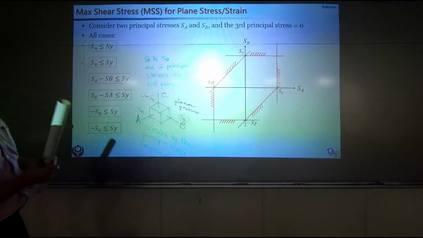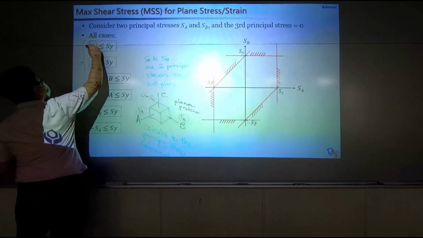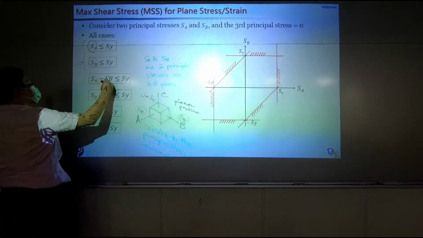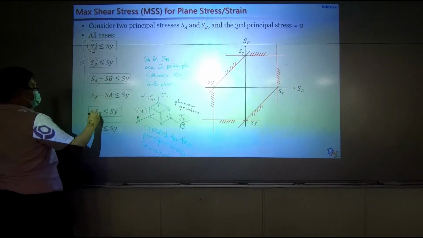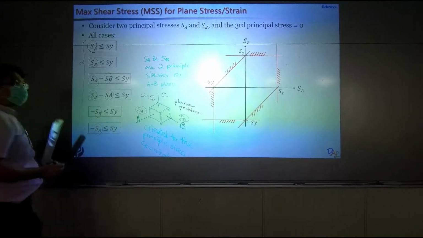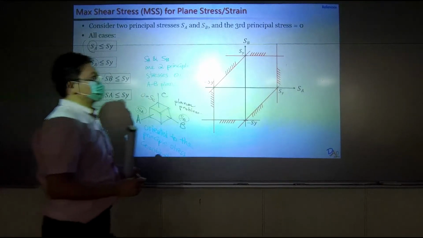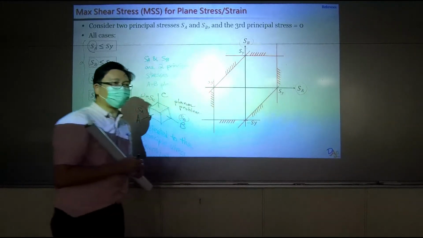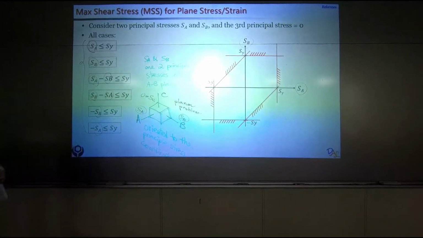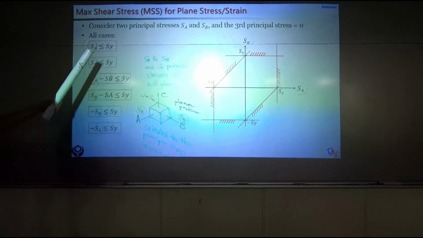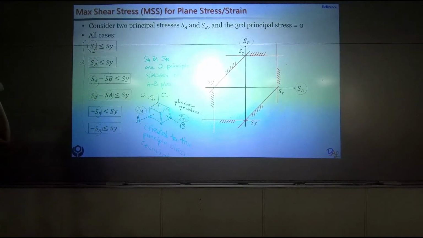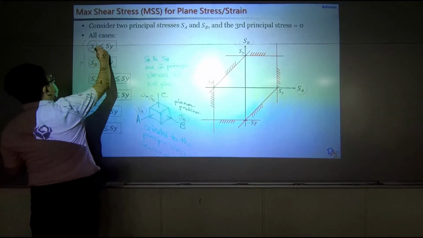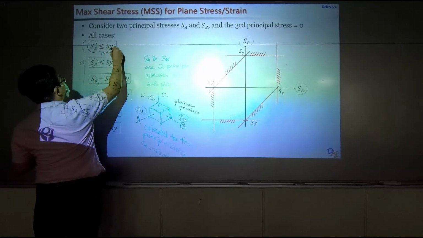When we plot out this diagram, we are treating SA and SB as the coordinate axes. So I'm having SA and SB right here. Let's focus on how this SA and SB look like in a diagram. And they are inequality equations.